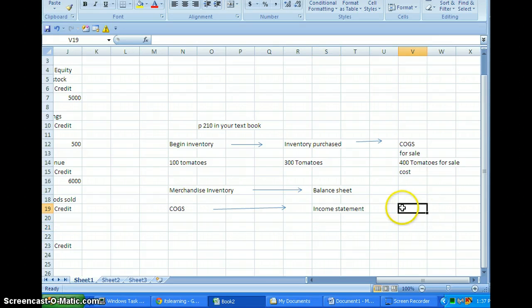If you look at page 213 in your text, please, you will see Exhibit 4.3. You're going to see sales revenue, $12,000, cost of goods sold, $8,000, and gross margin is $4,000. SG&A, well, they call it selling and administrative.